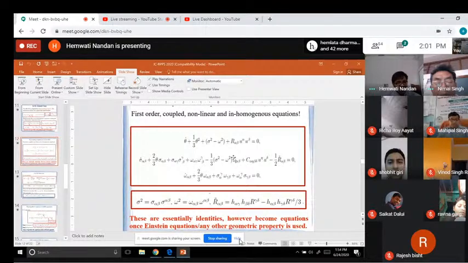So for the time being, as I already mentioned, I will be trying to solve these equations for the Kerr black hole space-time background, and the space-time geometry for the Kerr black hole is given by this line element. You can immediately notice that in addition to the coordinates, there are two parameters, J and M. J is for the rotation, and M is the mass parameter.